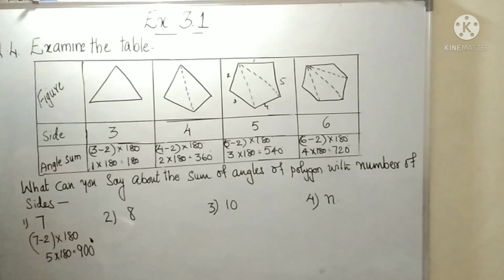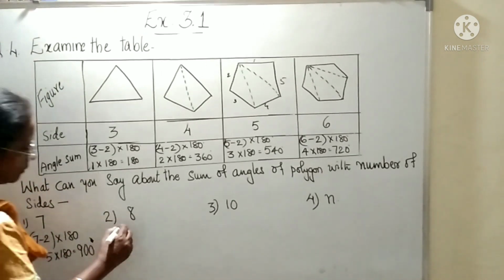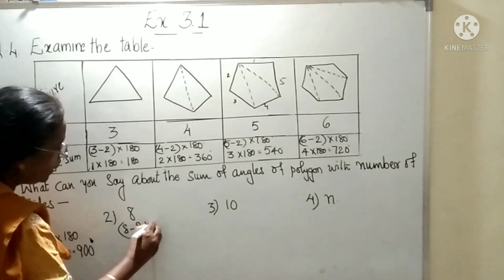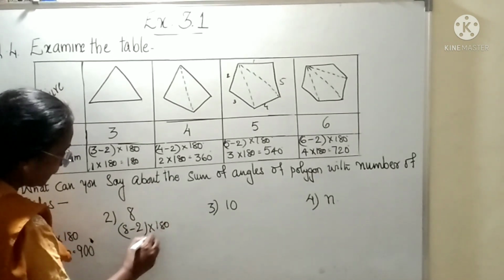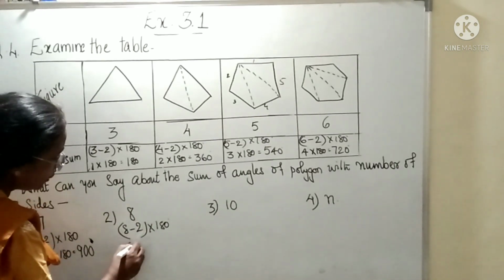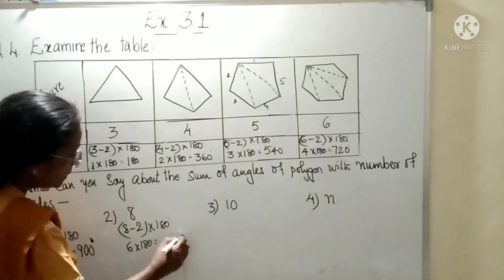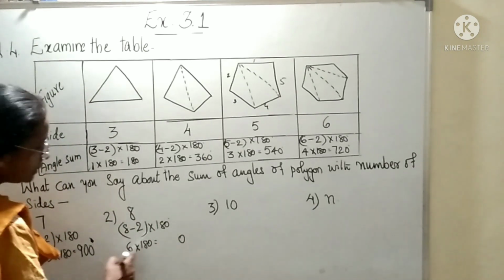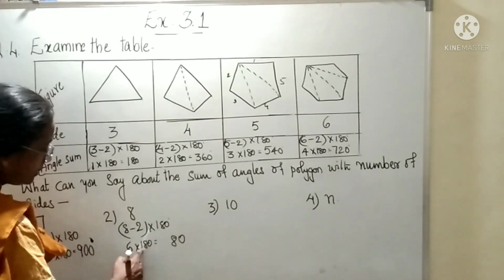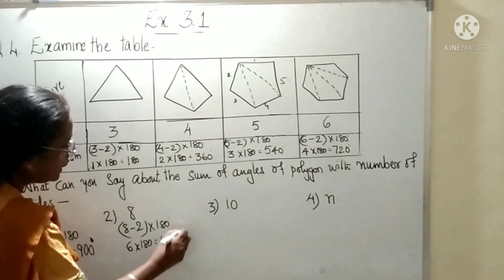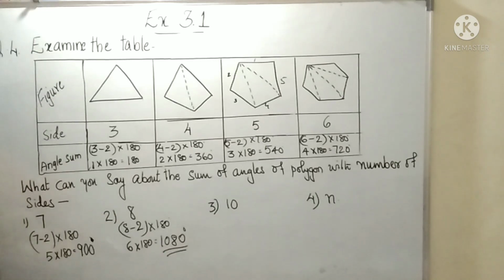Now, if there are 8 sides, what will be the sum of the angles? So, it will be 8 minus 2 into 180. That is 6 into 180. Let us multiply. 600, 480, 1080 degree.